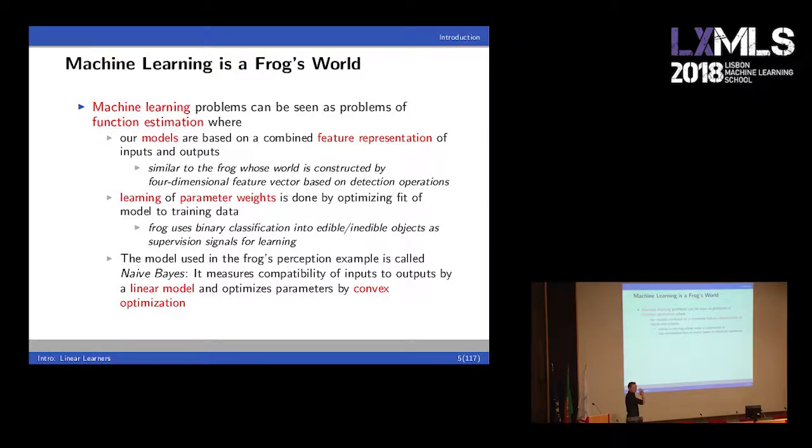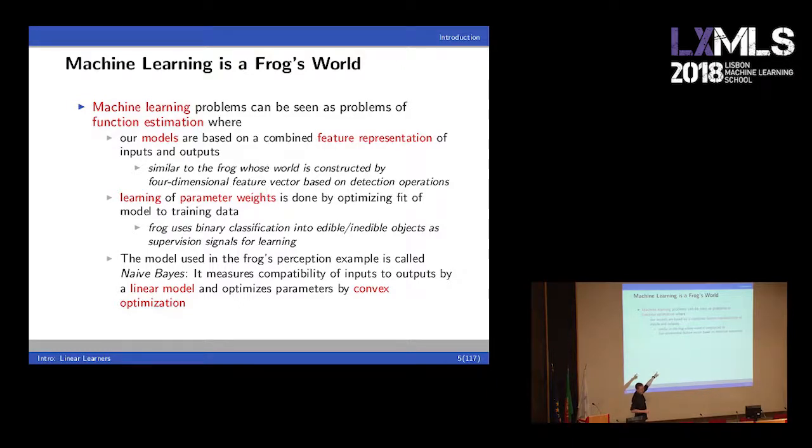Given this example, what I want to tell you is that machine learning can be seen as a problem of function estimation, where the function is, in the models I'm talking about, called models, and the models are some combination of feature representations. So we start from feature representations.